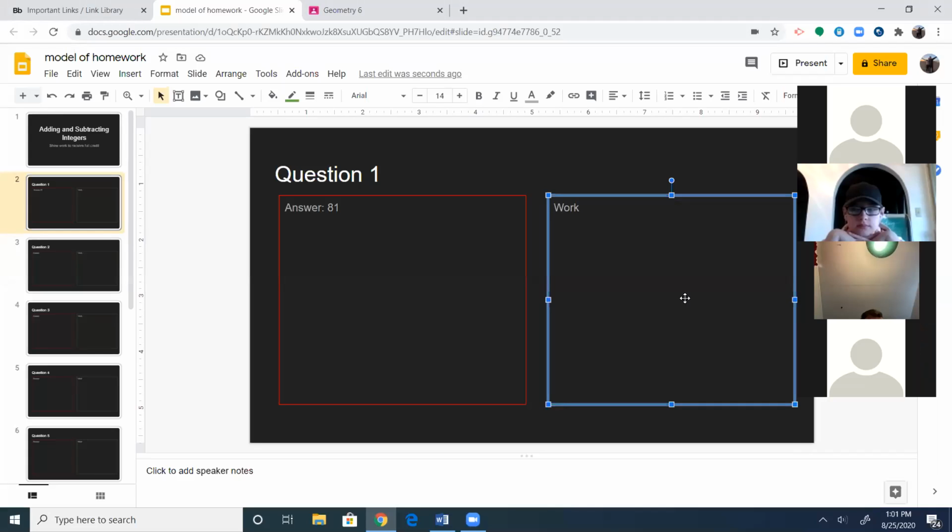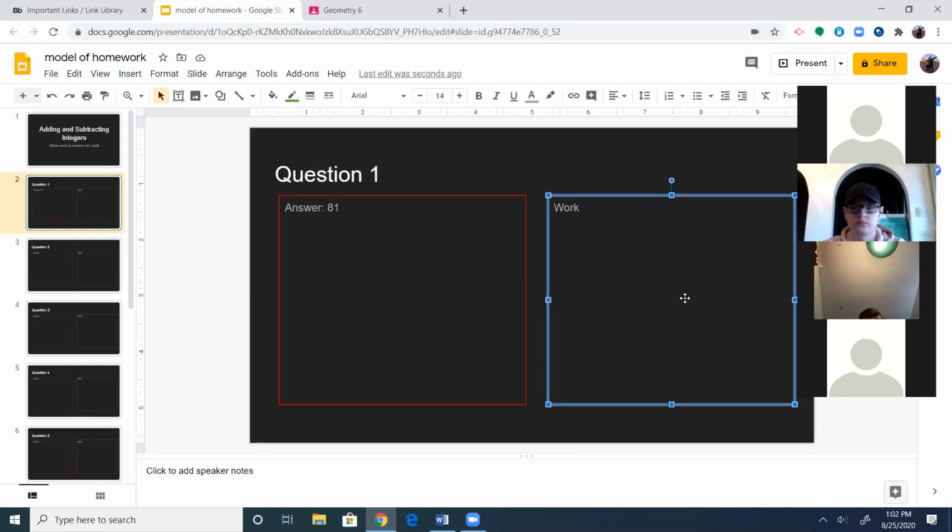To me, the second way, the easiest way, is to just do it on your phone. Okay, if you download the Google Slides app on your phone, then what you're gonna do, and I'm gonna post up a video too about how to do this. I screen recorded my phone just so you guys can see it. What you're gonna do is go to the Google Slides app, and then go into the assignment.